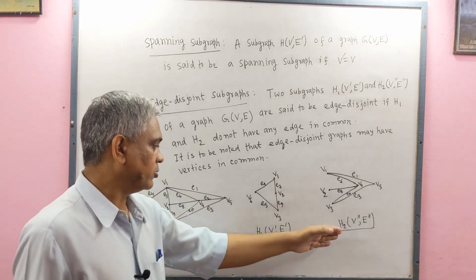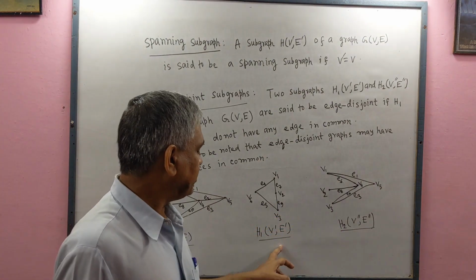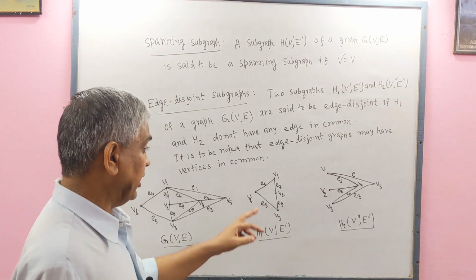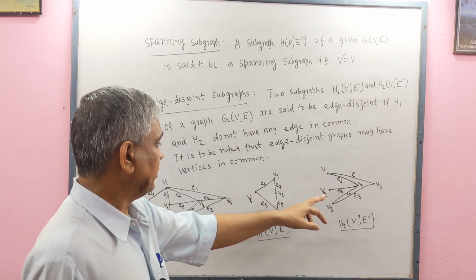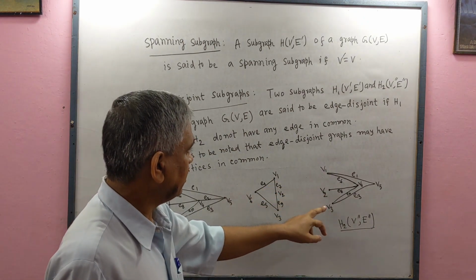Similarly H2. Here we see that H1 and H2 have no edge in common, but vertices V1, V2, V3 are in common.